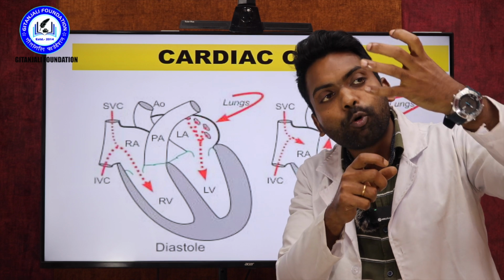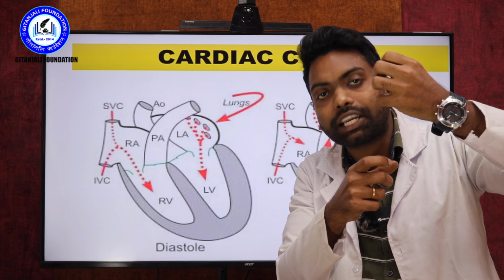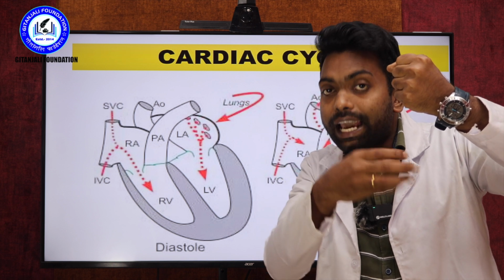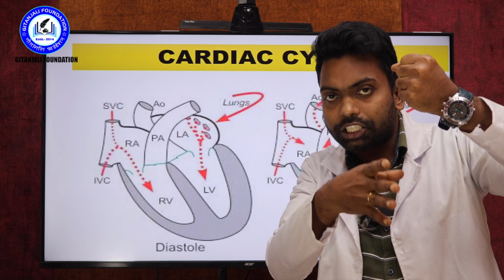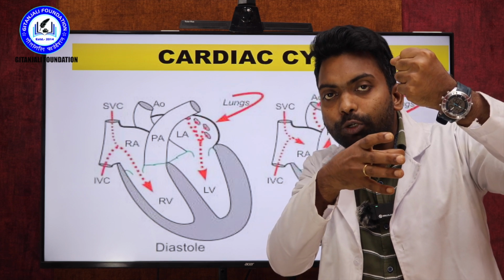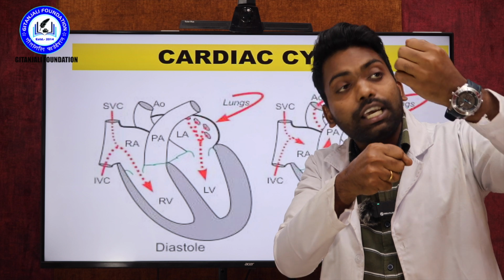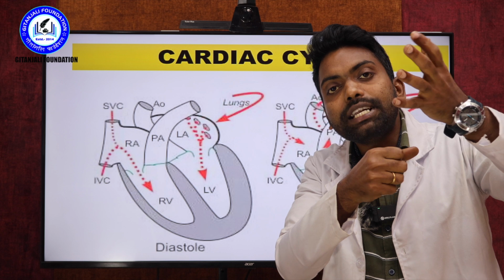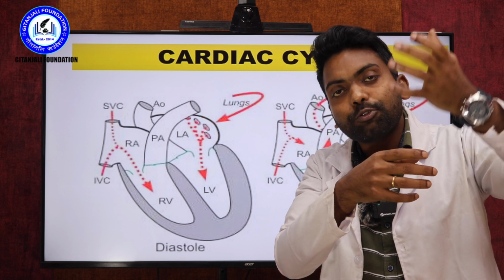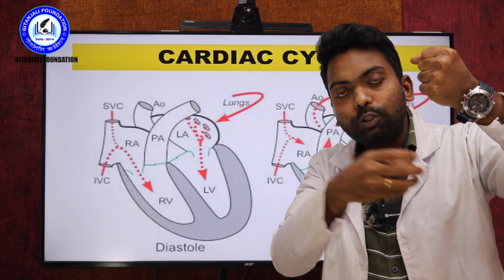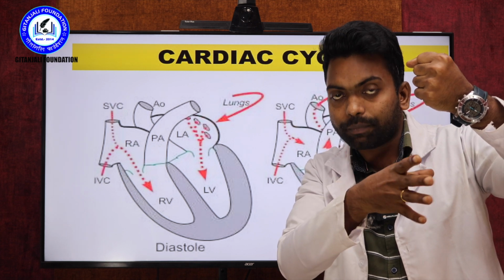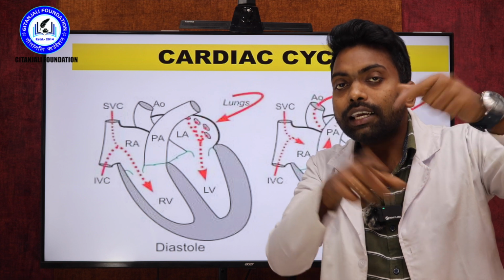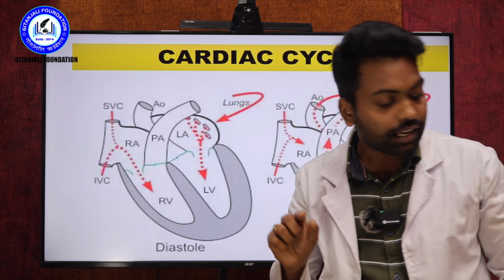When both atriums contract, simultaneously both ventricles are in diastole, in the sense of relaxation. When both ventricles contract, the atriums relax. It is a simultaneous process: when the upper two chambers act, the lower two chambers act at the same time. These simultaneous events in the heart are called the cardiac cycle.